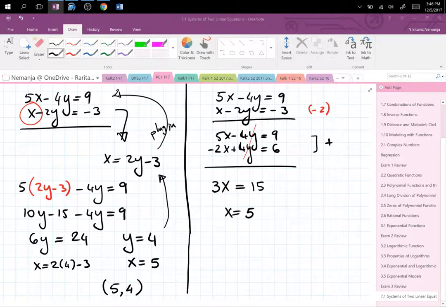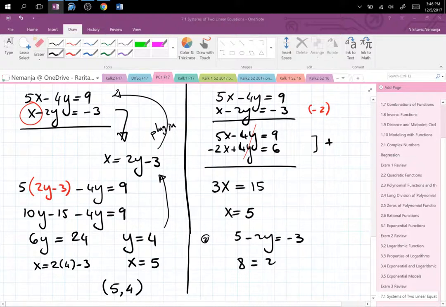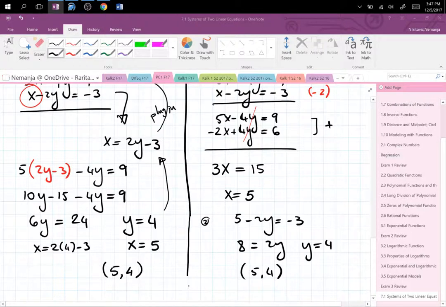And now what you do is you plug that 5 into any of the equations above and compute y. So I will use the second equation. From the second equation I have 5 minus 2y is equal to negative 3. So 8 is equal to 2y, y is equal to 4, and there it is, (5, 4) again. Obviously you have to have the same solution. It's the same problem.